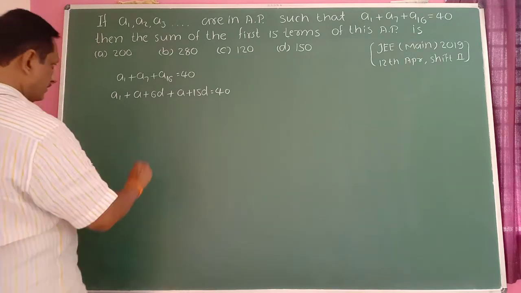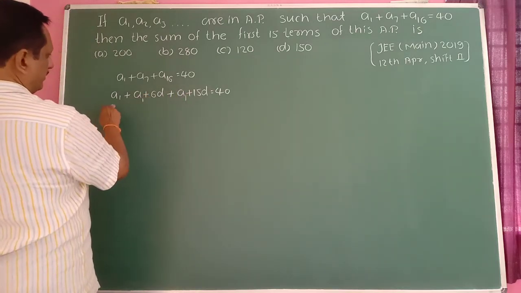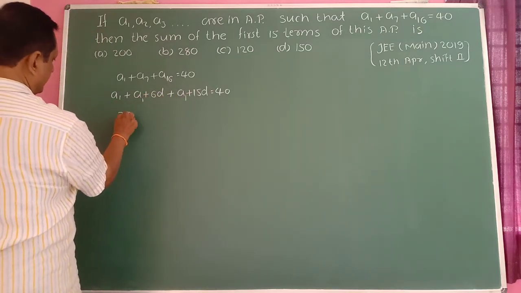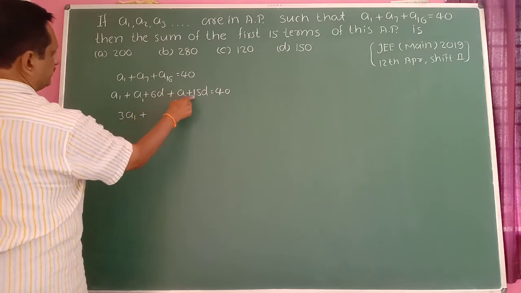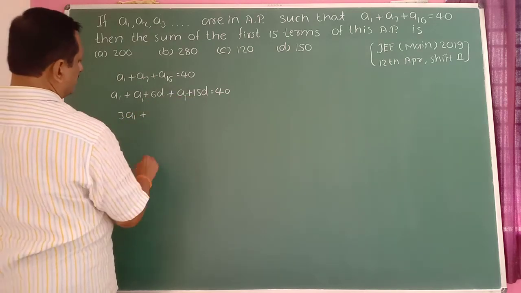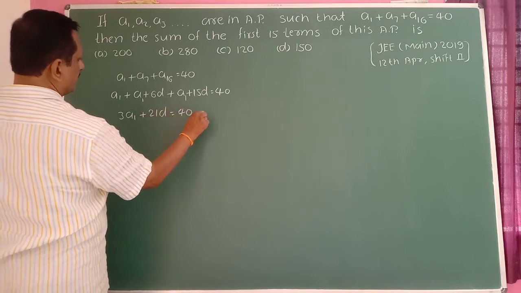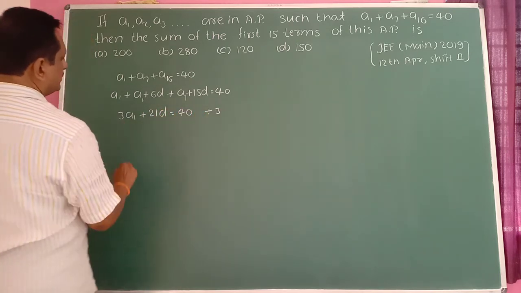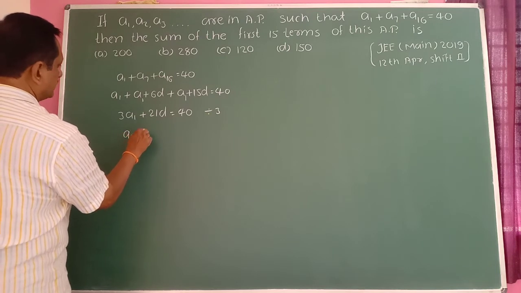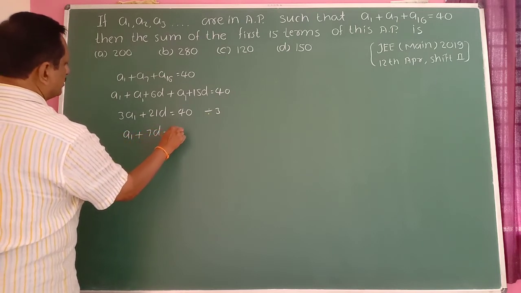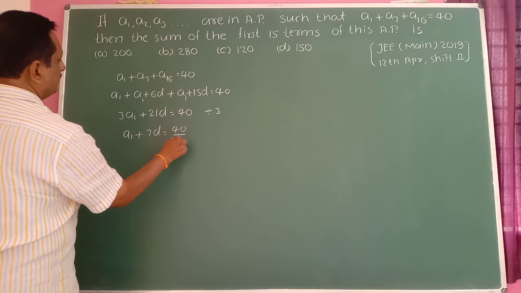A1 plus A1 plus A1 is 3A1, 6 plus 15 is 21D, equal to 40. Dividing both sides by 3, A1 plus 7D is equal to 40 divided by 3.